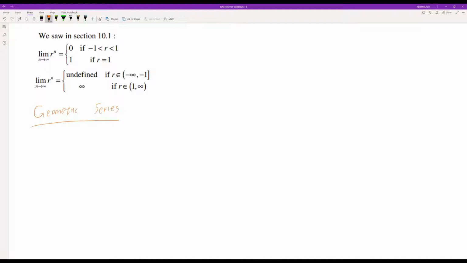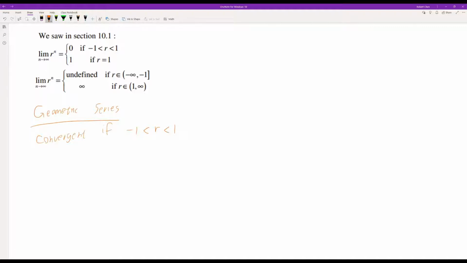the series is going to be convergent if r is between -1 and 1. Now, notice I'm not including 1, because we know that for the sequence r to the n, if r is 1, then we get a sequence of 1s. But when we add all 1s together infinitely many times, we still get infinity.